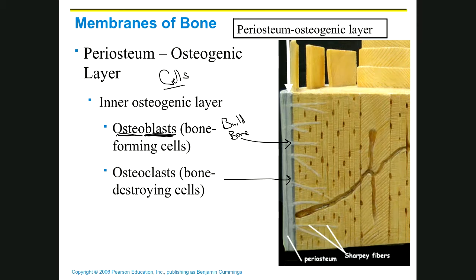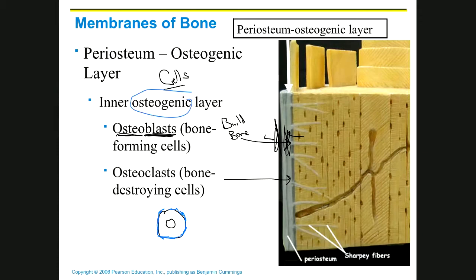So we can add more bone right here and make it bigger, and add more and make it bigger. So if this were our bone in cross section, here is that layer right here next to the bone, and it has these bone forming cells in it. So the layer is called the osteogenic layer. Osteogenic.